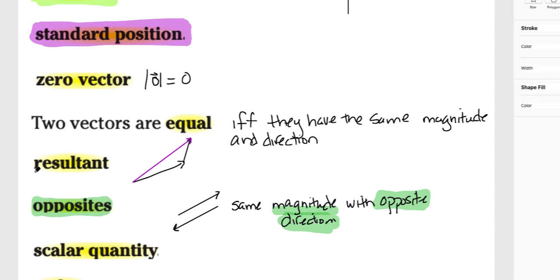That's what I have here in purple. If I had vector P and vector T, this would be considered P plus T. So we can add vectors, and we can also perform other operations, and we'll talk about that.